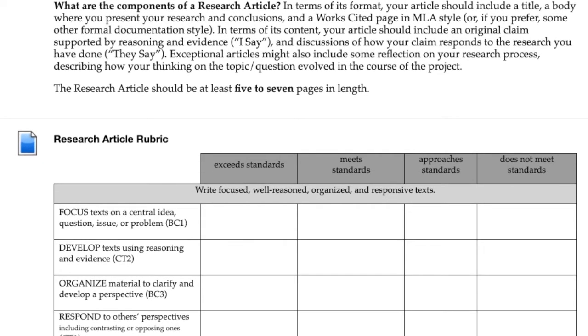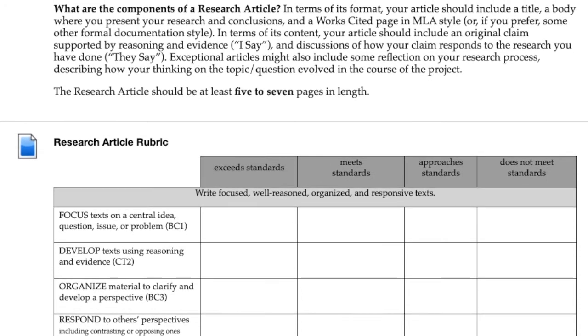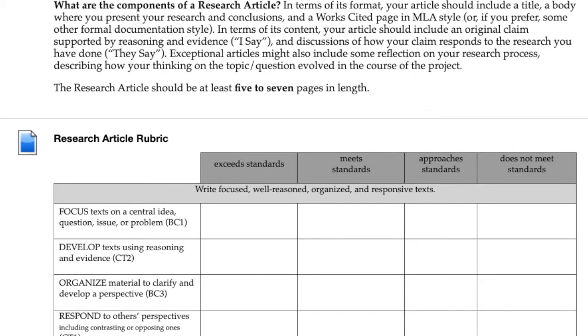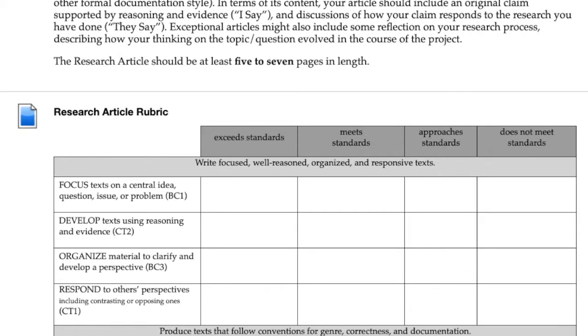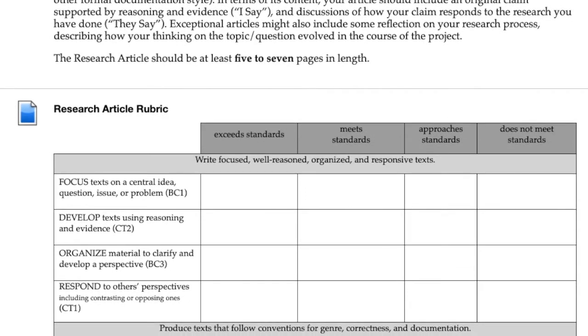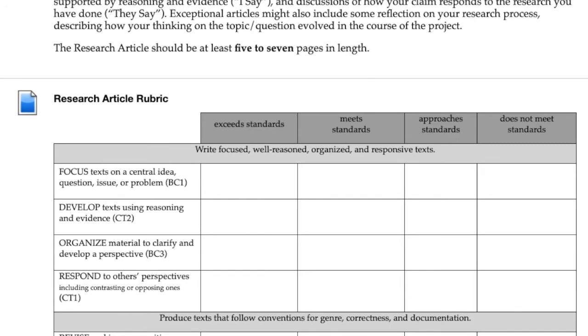So, in terms of what you need, you should have a title, of course, a body where you present your research and conclusions, and a works cited page in MLA style. In terms of content, your article should include an original claim supported by reasoning and evidence. That's your thesis, right? Take a look at this week's other lecture.